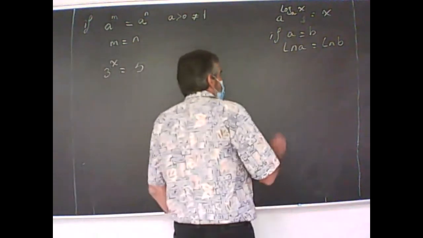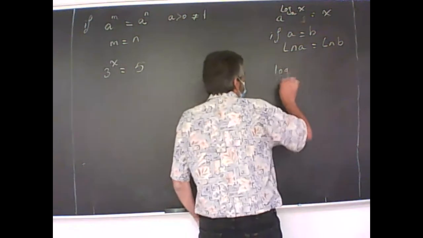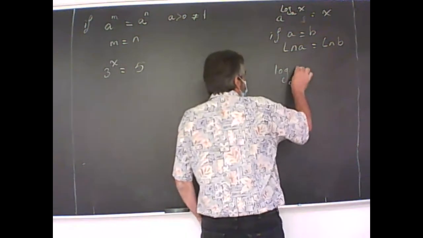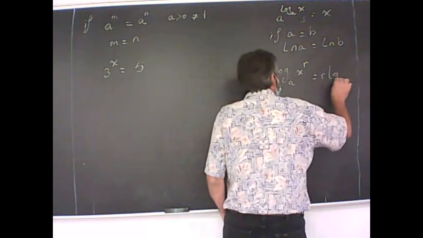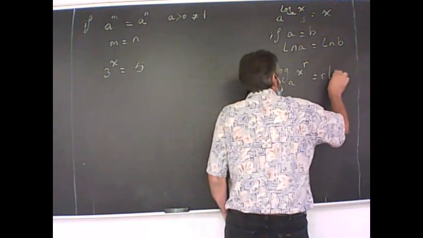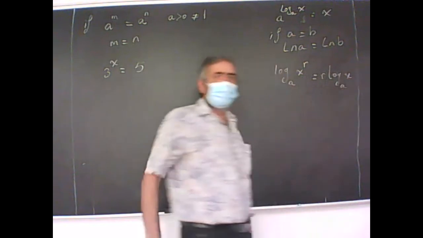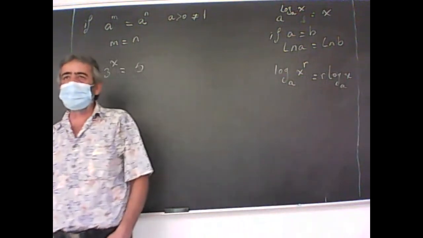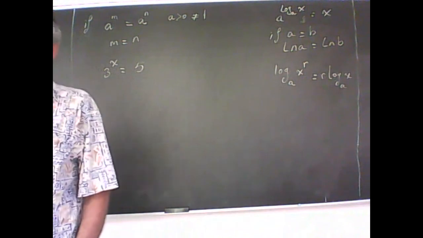In logarithm properties, log base a of x to the power r equals r log base a of x. This is one of the properties that you were supposed to prove for extra credit.